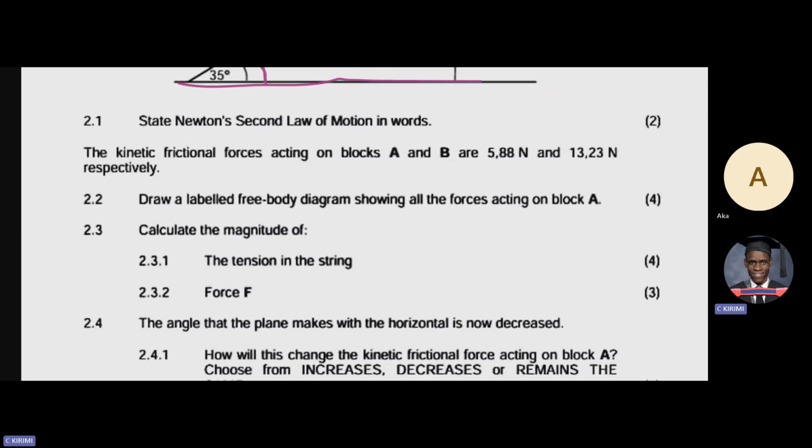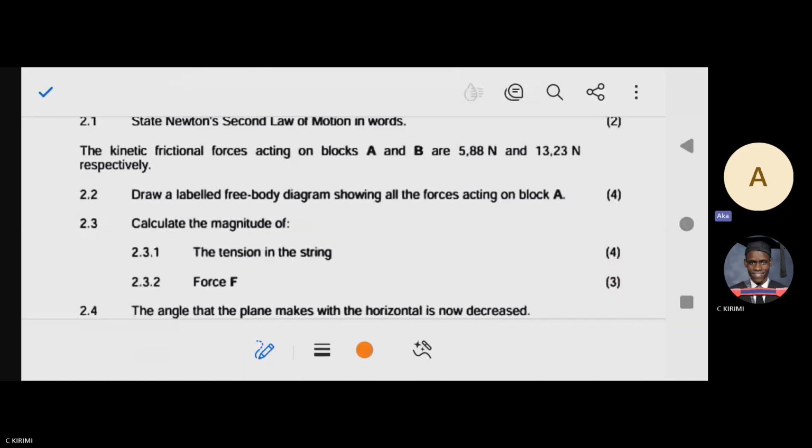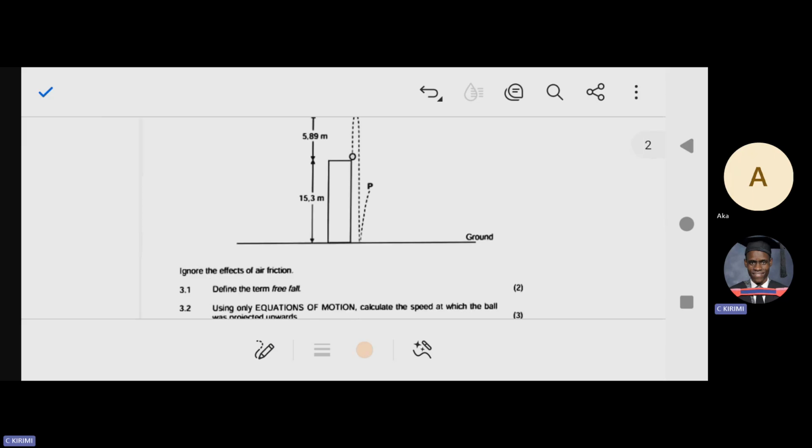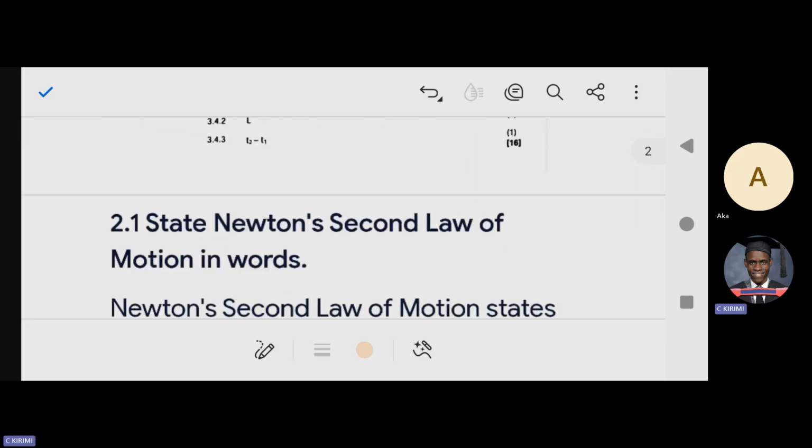Yes, it's here. Can you see? The kinetic frictional forces, FkA and FkB, are given respectively. So they made our life easy. Now it's a matter of just plugging in values. So let's go to the question.